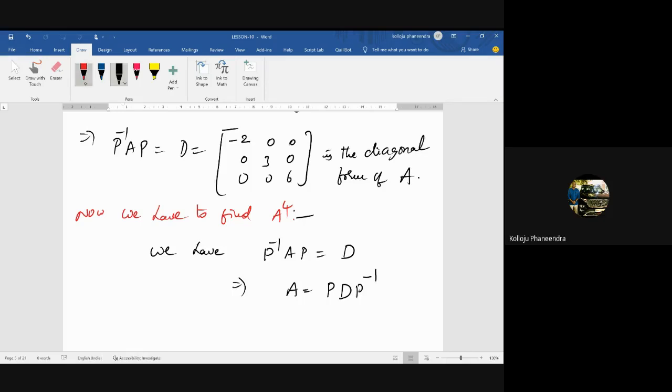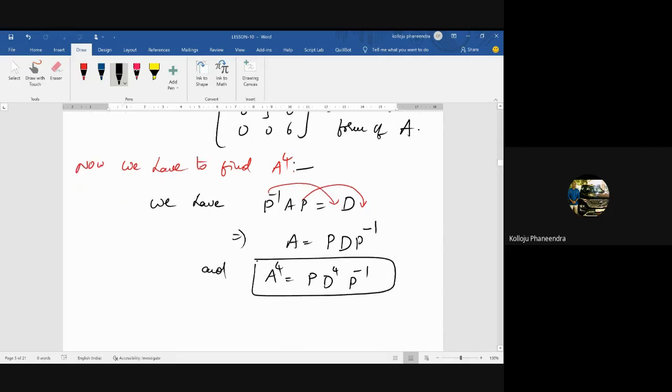So A equals P D P inverse. And what is the A power 4 formula? Already I derived this: P D power 4 P inverse.